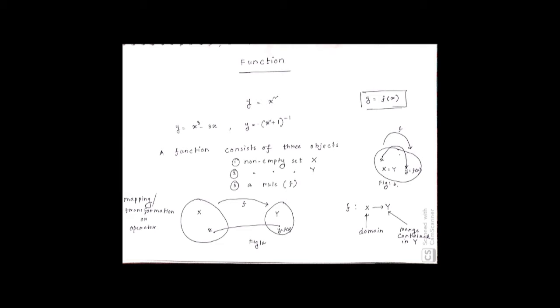The set capital X is called the domain of the function, and the set of all f of x for all x in capital X is called its range. A function whose range consists of just one element is called a constant function.